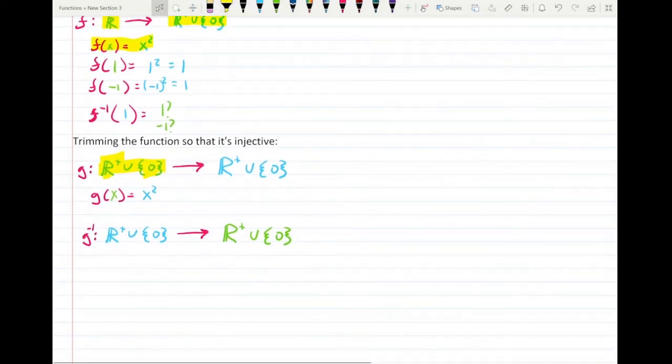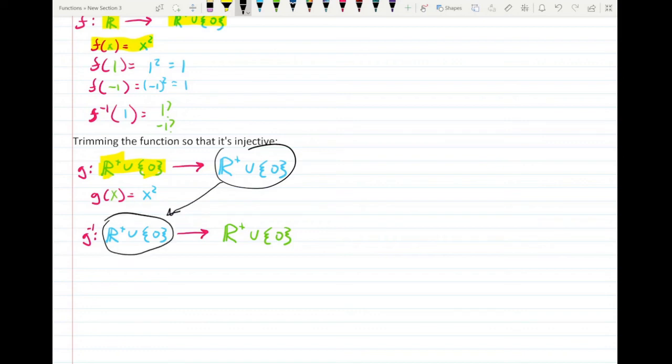So in this case, our inverse function is just defined like usual. It goes from the codomain of the original function, takes inputs from there, and outputs back into the original domain.